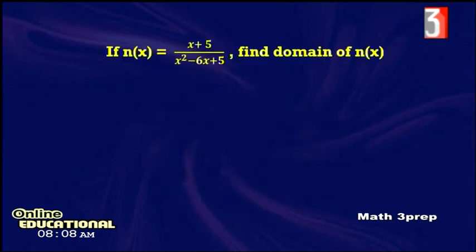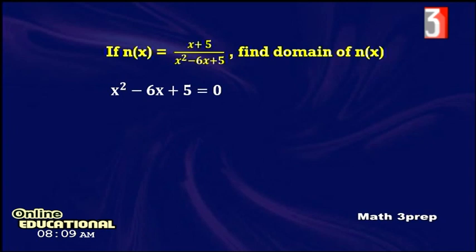Another example, if n of x equals x plus 5 over x squared minus 6x plus 5, find the domain of n of x. Yes, to find the domain, you are going to find the set of zeros of what? Of the denominator. So we are going to find x squared minus 6x plus 5 equals 0.